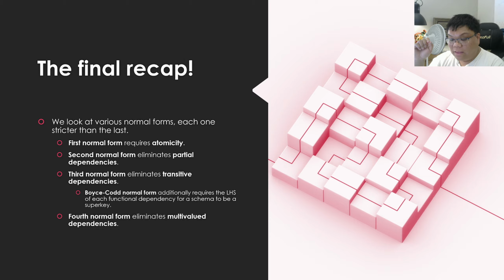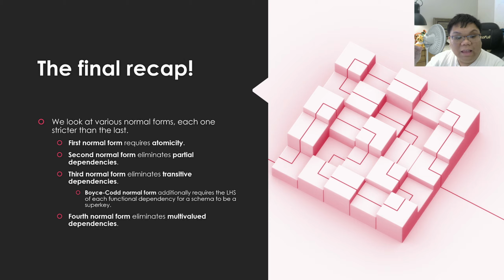That's 1st normal form. 2nd normal form is not talked about in the book at all, but it basically says eliminate partial dependencies. 3rd normal form eliminates transitive dependencies. Boyce Codd normal form is a stricter version of that, which requires the left-hand side of each functional dependency for a schema to be also a superkey.